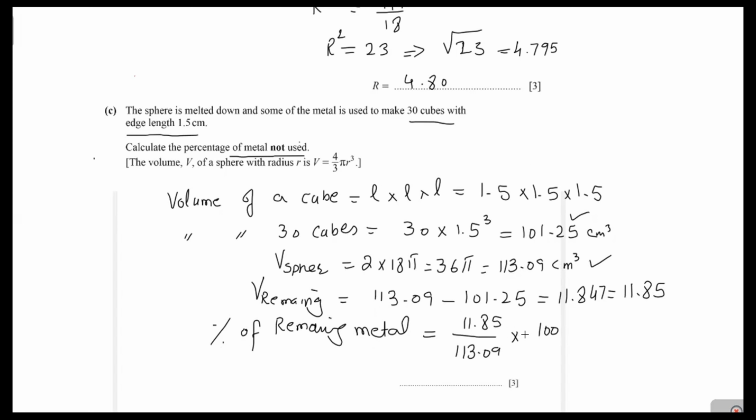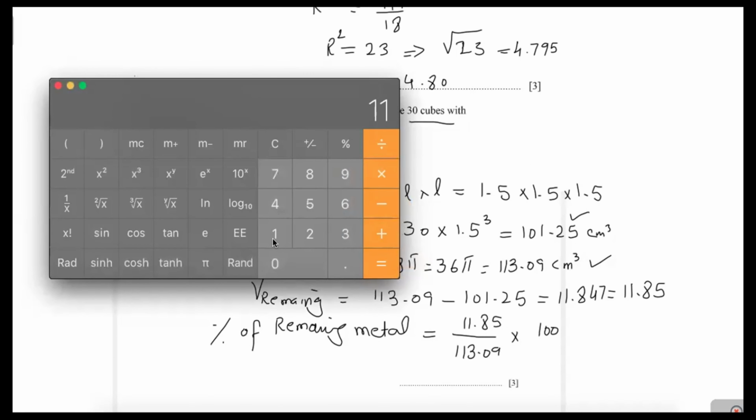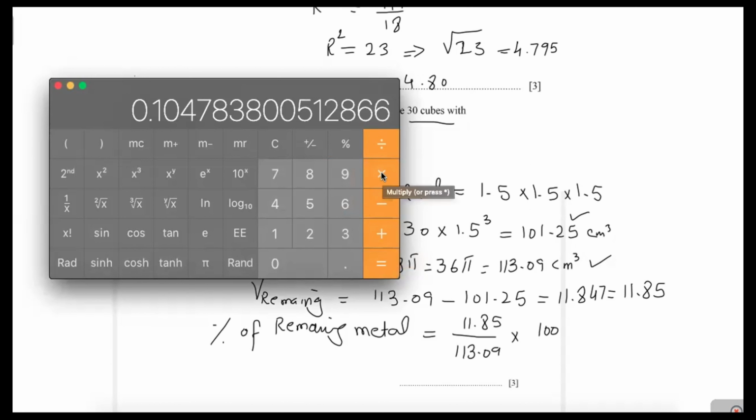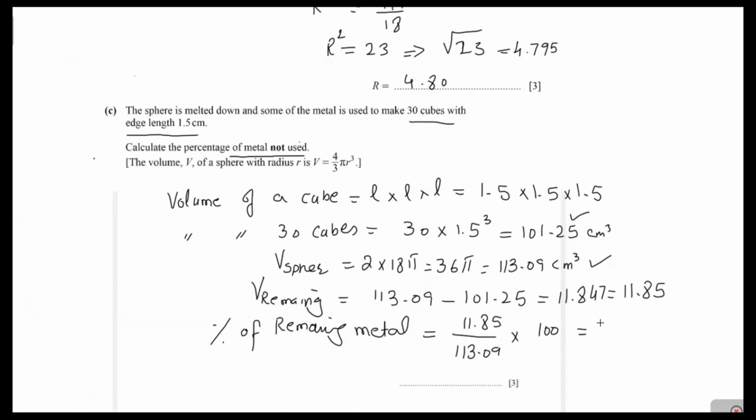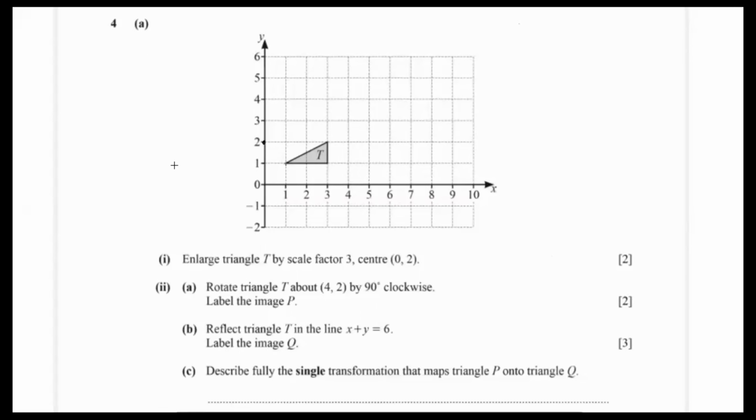Now we get 11.85 divided by 113.09. That's equal to 0.104, multiplied by 100. The answer is 10.47 percent. We can write 10.5% is the answer.